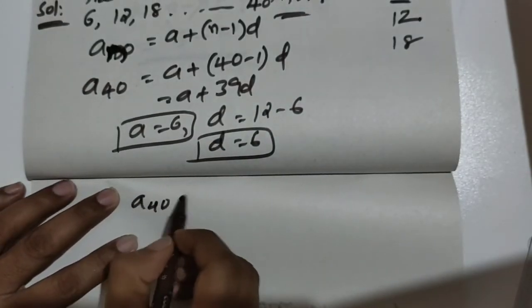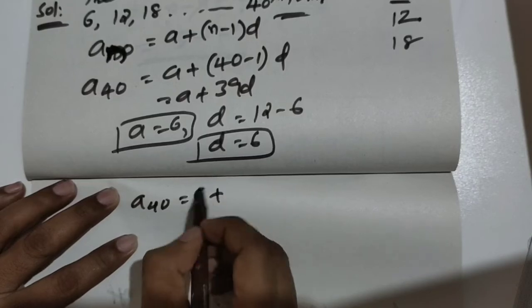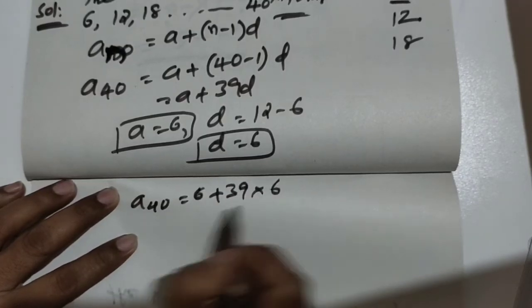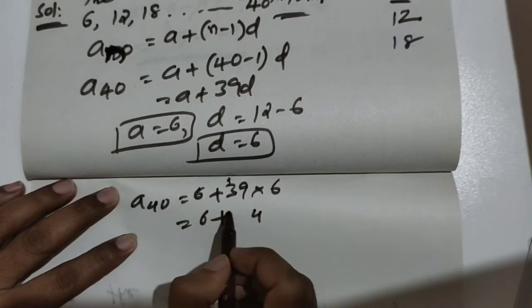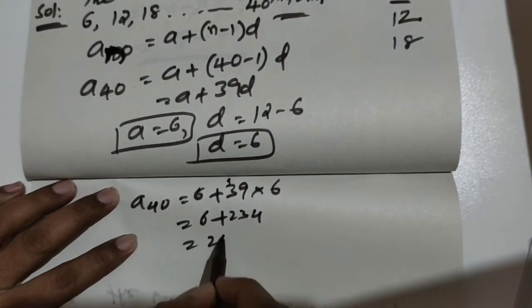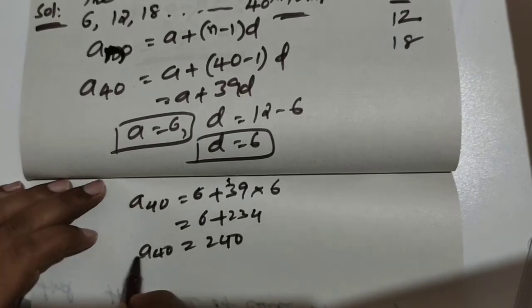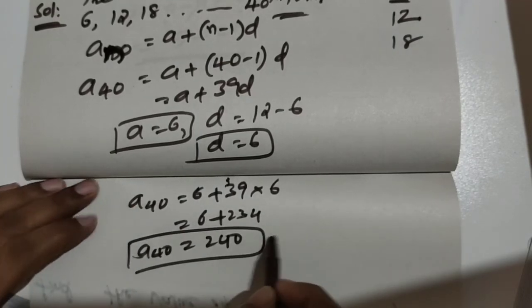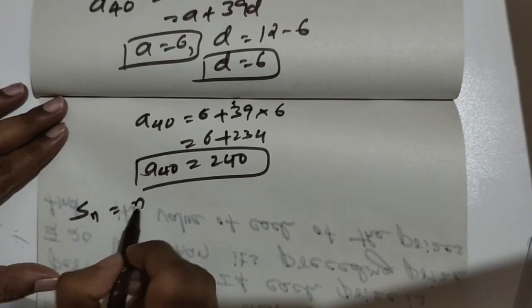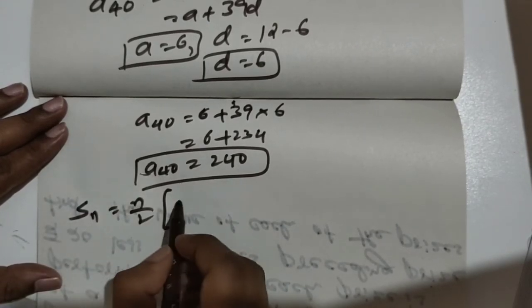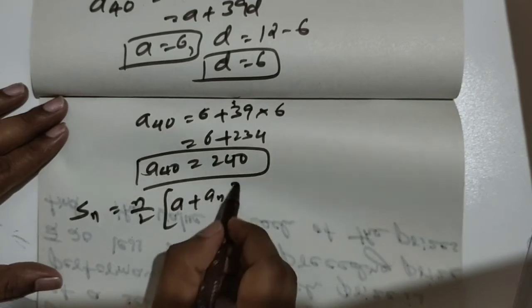So a40 is equal to 6 plus 39 into 6, simply you can write 240. Okay, this one is the last term. We can use here the simplest rule. So for practice purpose I am telling this method: n by 2 into a plus an.